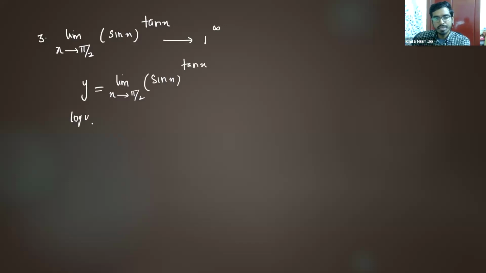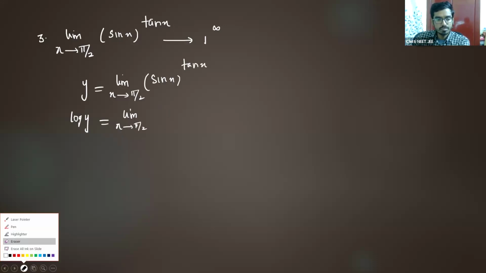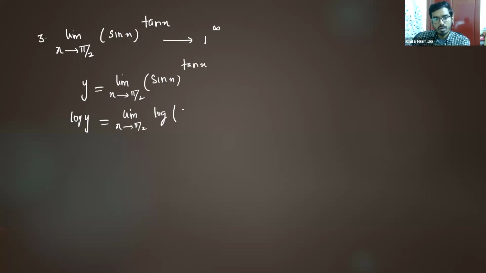You take log on both sides. So log y is equal to limit x tending to pi by 2, log of (sin x) whole power tan x. So we have log of a power n, so it is n log a.